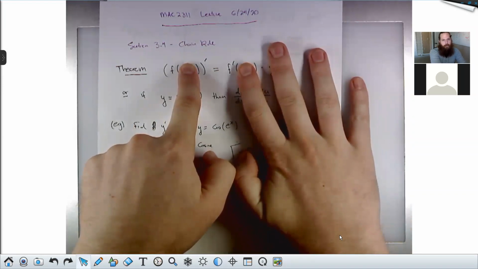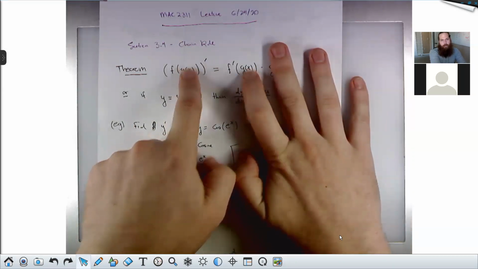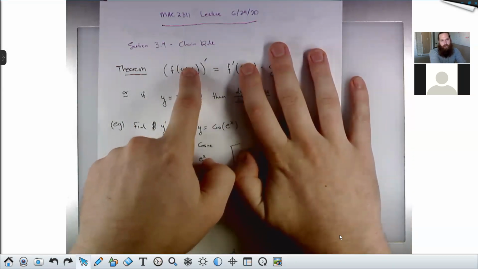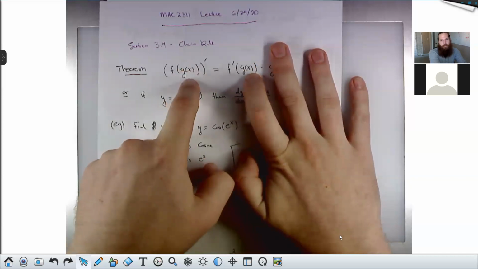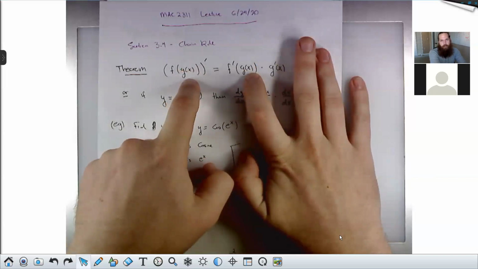If this was f of x, if there was an x under my left index finger, then the derivative of that is just f prime of x. Same sort of thing works here. We're going to differentiate the outer, leaving the inner alone, even though the inner is not just x, it's something more complicated now. Differentiate the outside, leaving the inner alone, and then multiply by the derivative of the inside function.